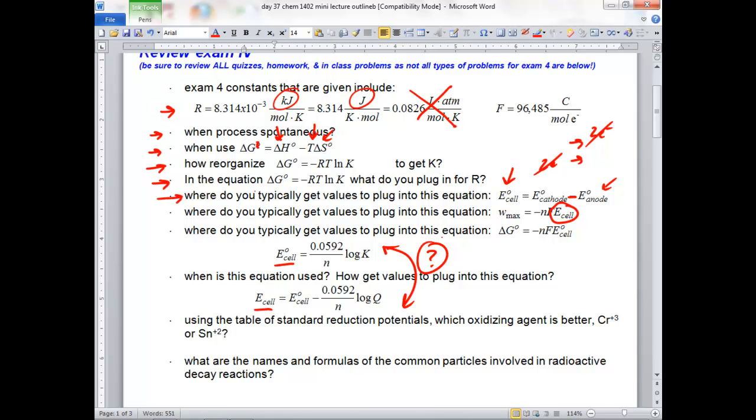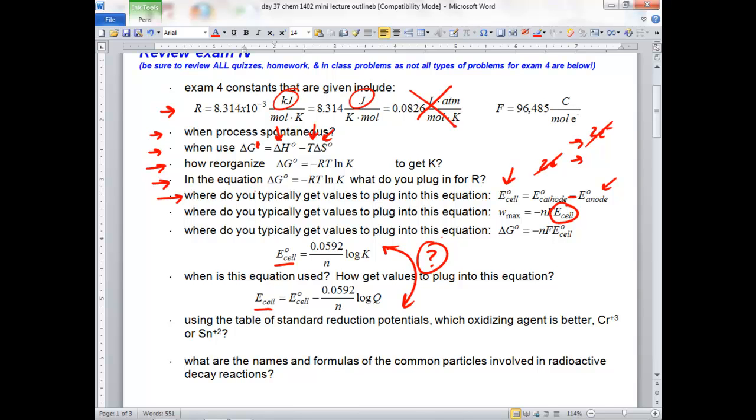And for the bottom one, you could be looking for a number of different things, but log Q is going to be the products over reactants. And then it depends what they're asking for. So if they give you E cell, you plug in what you know, and whatever's missing, you basically solve for it. Log Q eventually you'll just take 10 to the power of whatever products over reactants.